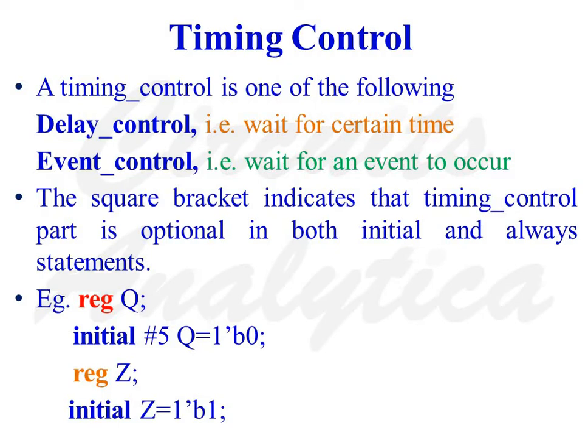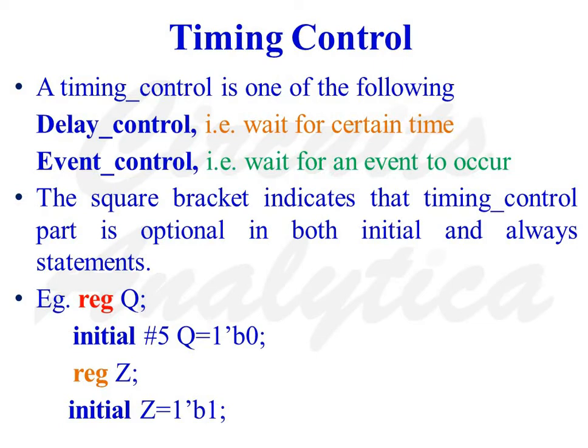Timing control. A timing control is one of the following: delay control, that is wait for certain time, or event control, that is wait for an event to occur. The square bracket indicates that the timing control part is optional in both initial and always statements.